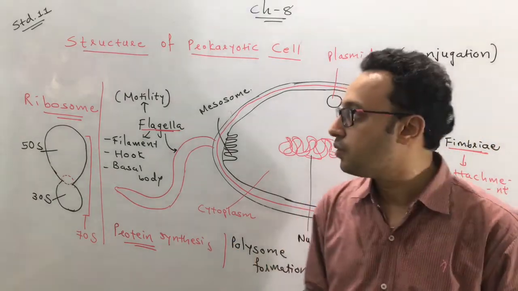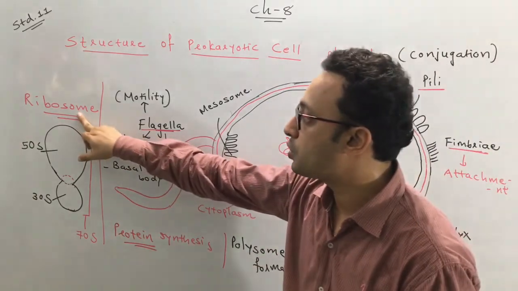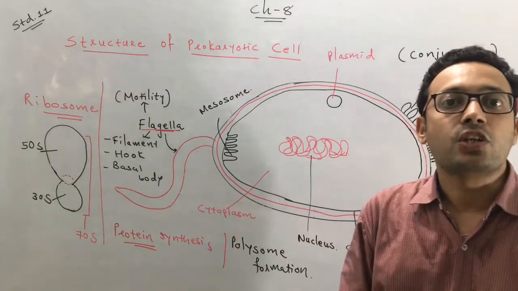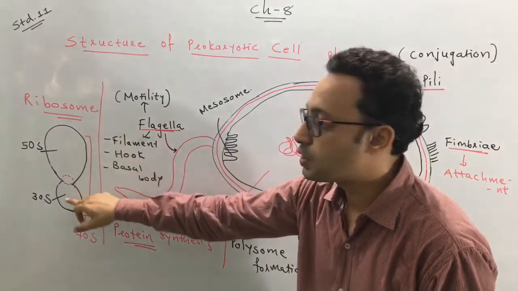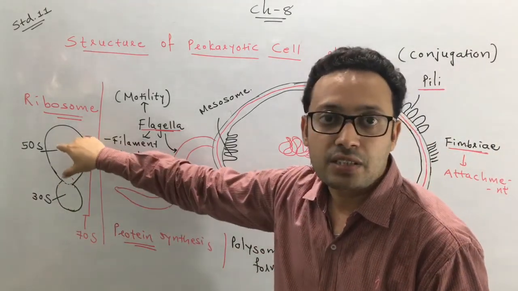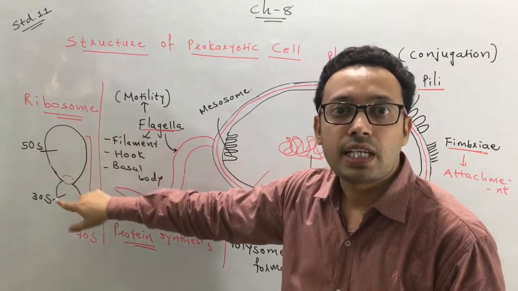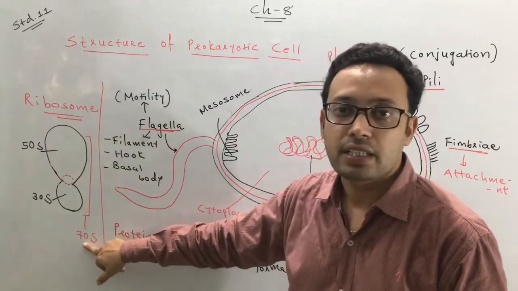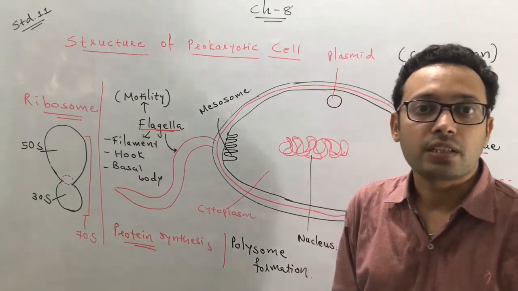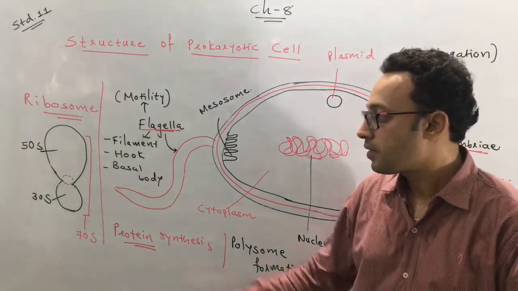I repeat, what is a ribosome? Ribosomes are present on the cell membrane and made up of two subunits, larger and smaller. The larger subunit is 50 S, the smaller subunit is 30 S, and the total is 70 S. S is a unit, the Svedberg unit.